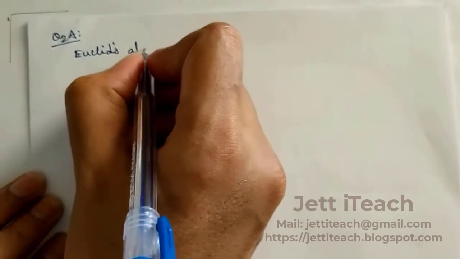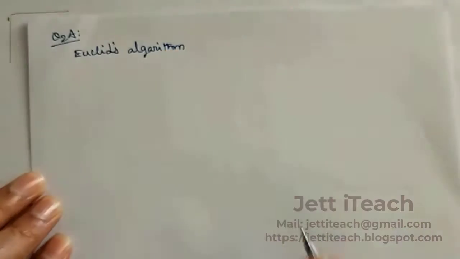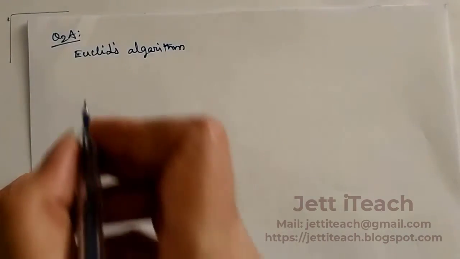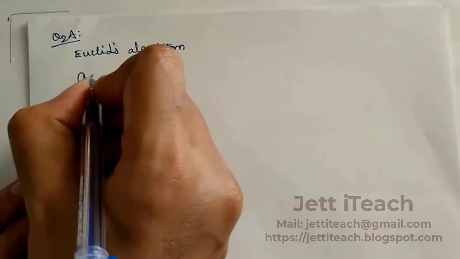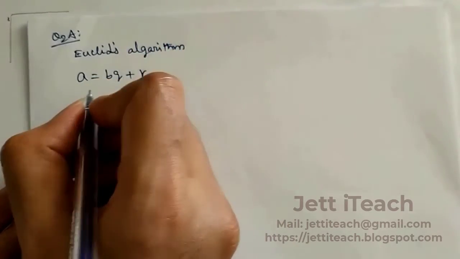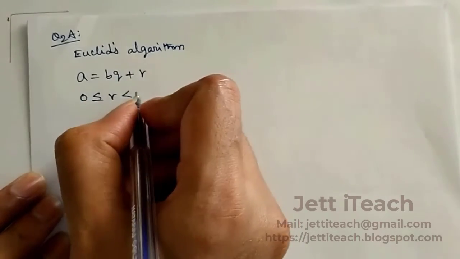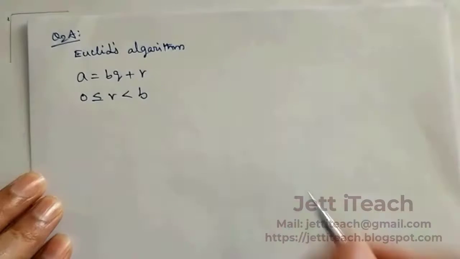Euclid's algorithm. Okay, what's the Euclid's algorithm? a equal to bq plus r, 0 less than or equal to r less than b.